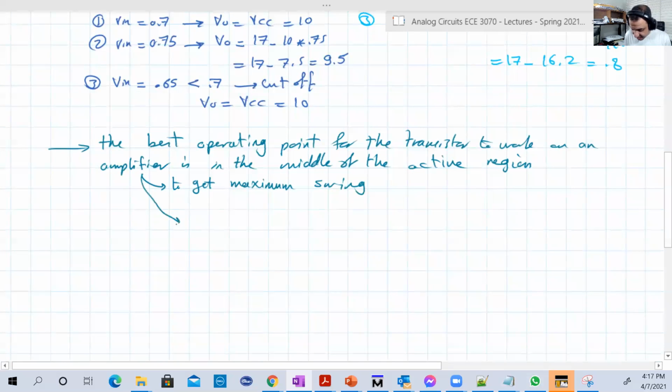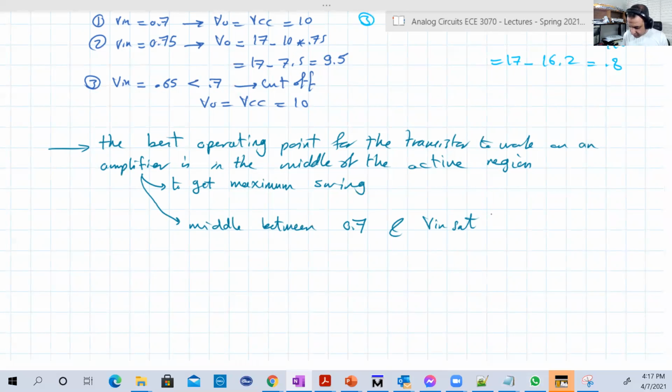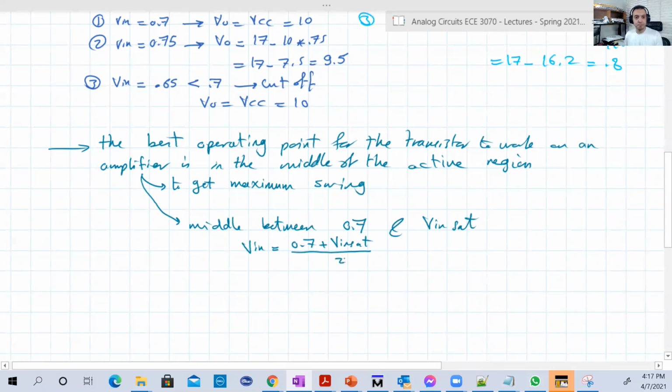The middle here means middle between the 0.7 and the input set. At that case, the input will be equal to 0.7 plus V input set over 2. Or you can say middle in terms of the output, which is basically equivalent, and even better.